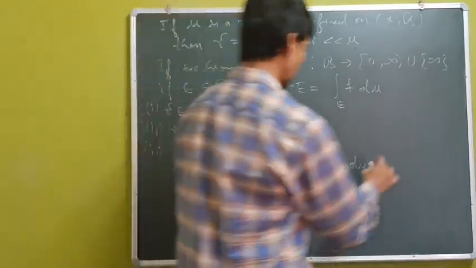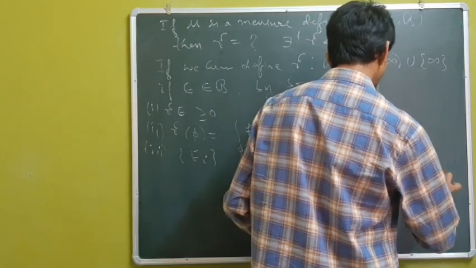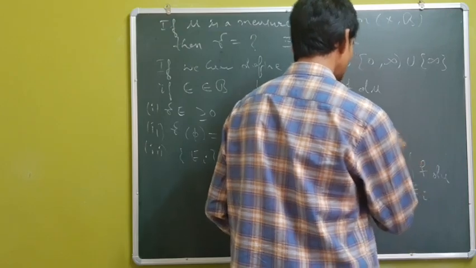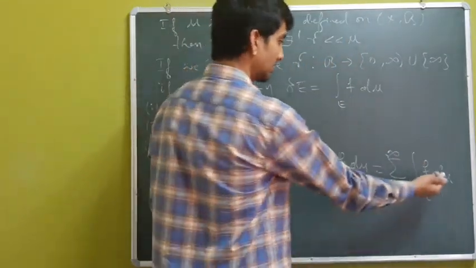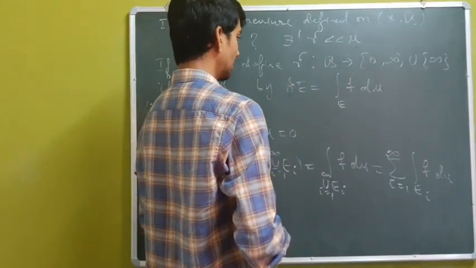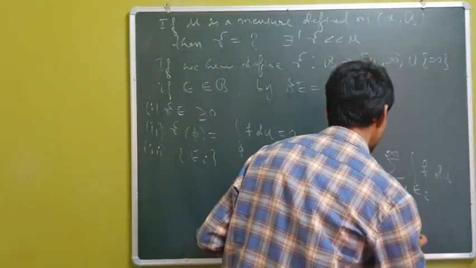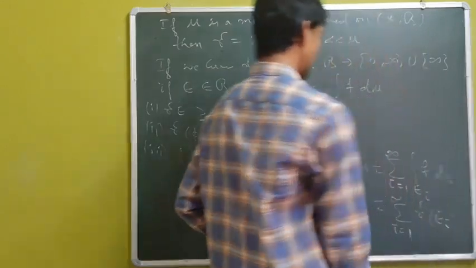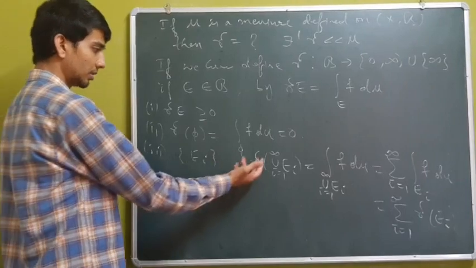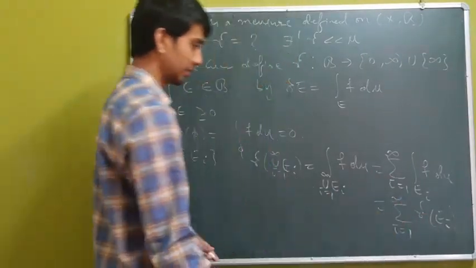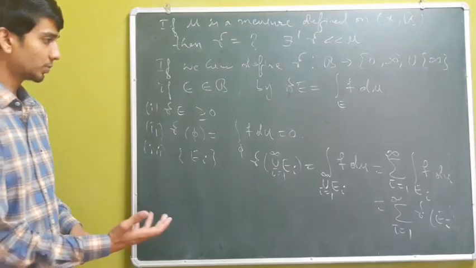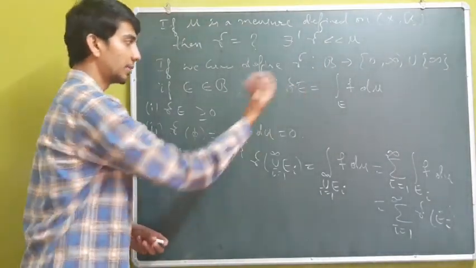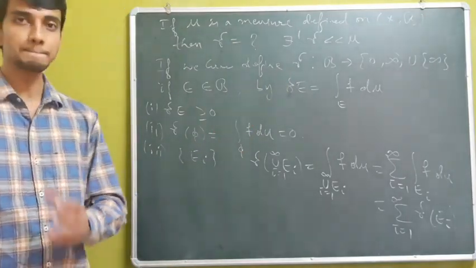This is the same as the summation of the integral of f over E_i with respect to mu, with i running from 1 to infinity. And since this is the definition of gamma of E_i, I have this to be the summation from i equal 1 to infinity of gamma of E_i. So I took gamma of the union of E_i and showed it to be equal to the summation of gamma of E_i, which proves the countable additivity of gamma. So we have proved that gamma is a measure.